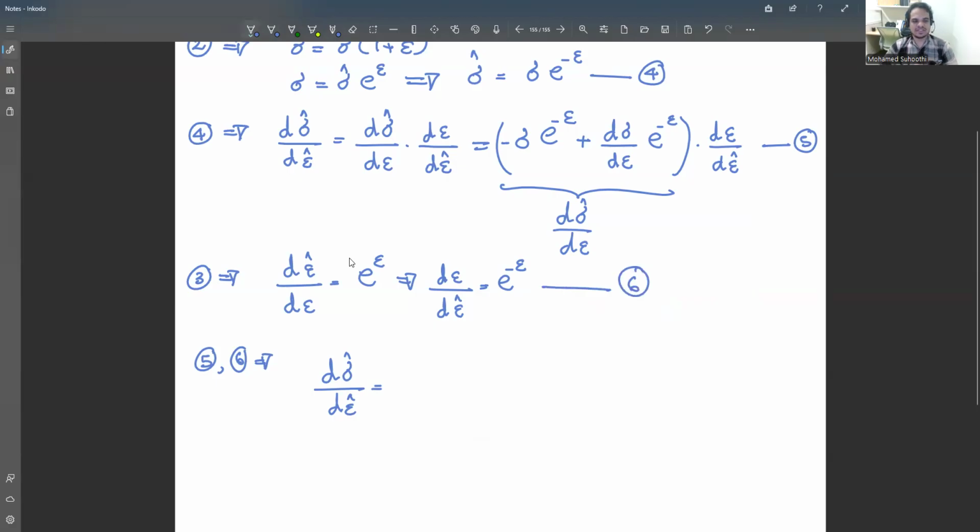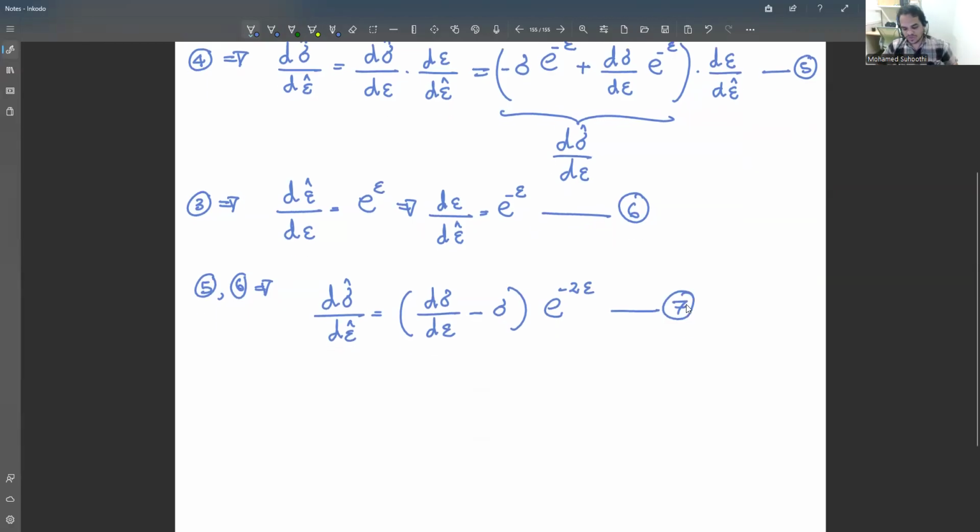I'm just keeping this one because we can simplify it: here also we have e to the minus epsilon, so you can take it out. In equation number 5, I will take e to the minus epsilon out, so that means d sigma over d epsilon minus sigma. There is another e to the minus epsilon, so it becomes e to the minus 2 epsilon. This is equation number 7.